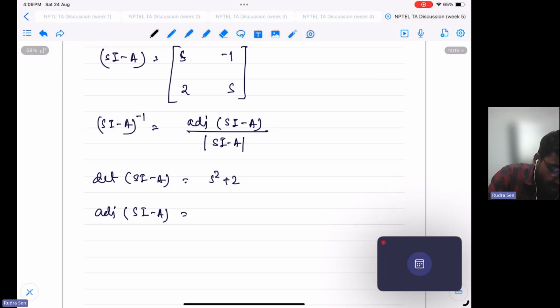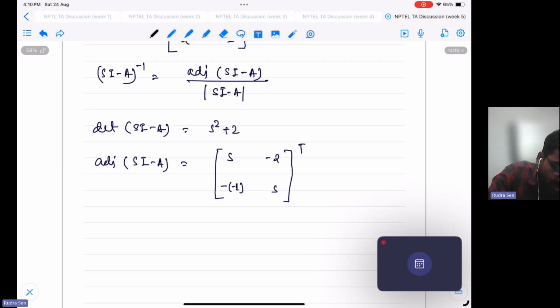The adjoint of sI minus A is basically the cofactors and then the transpose. The cofactor of s is s, the cofactor of minus 1 is minus of minus 1, the cofactor of 2 is minus 2, and the cofactor of s is s. And then its transpose.